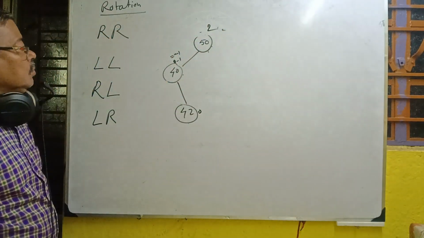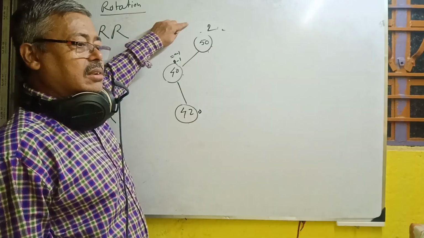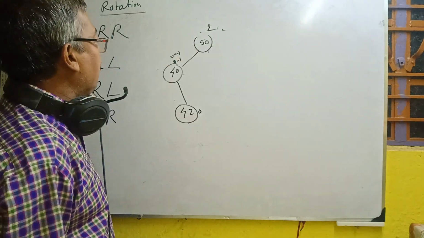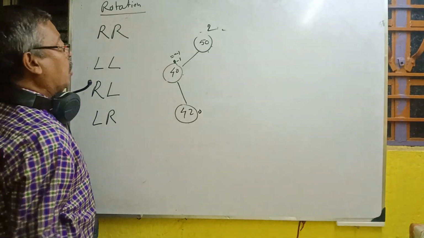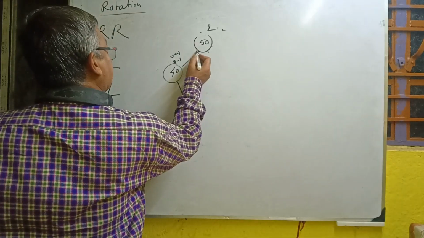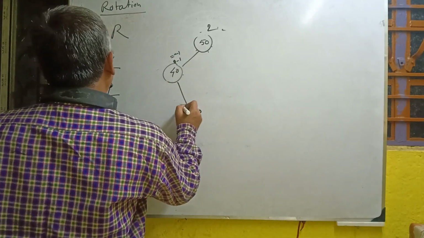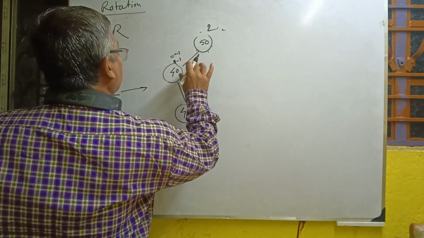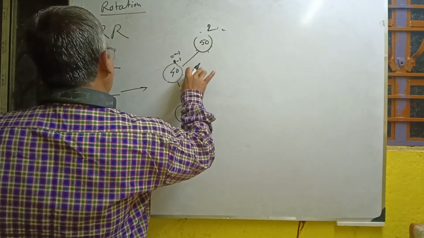To remove this imbalance, we have to normalize the balance factor of 50. How will this normalization occur? This is a case of right left rotation, and we have to move as per the rules of RL.